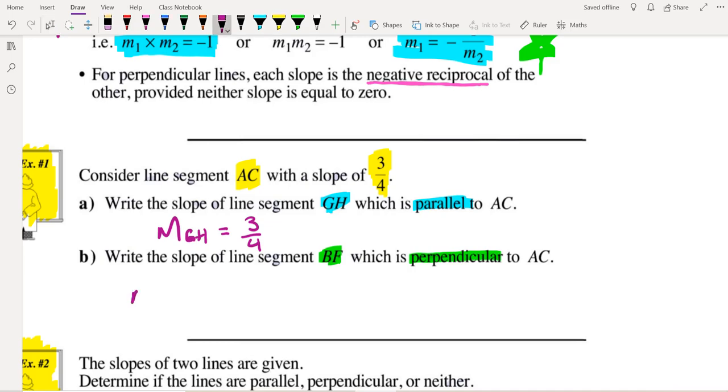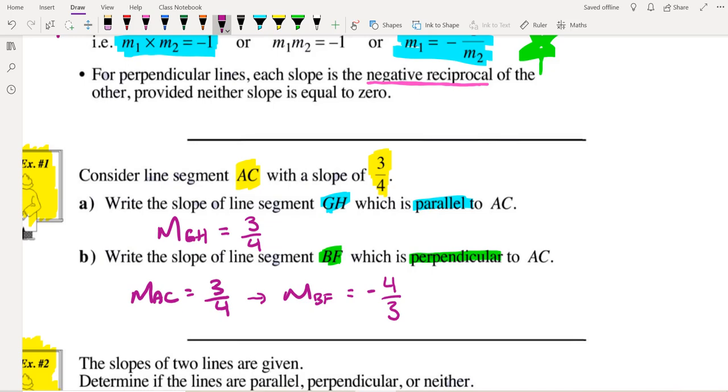The slope of AC is equal to 3/4. To find the negative reciprocal, the slope of BF, you flip the numerator and the denominator, and you multiply by -1. So if AC is 3/4, BF is going to be 4/3 multiplied by -1, which becomes -4/3.